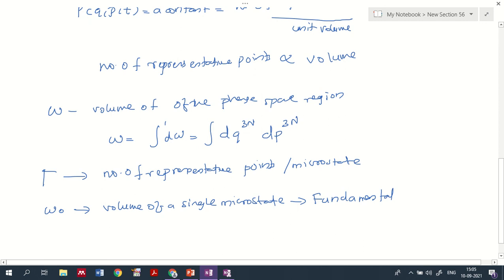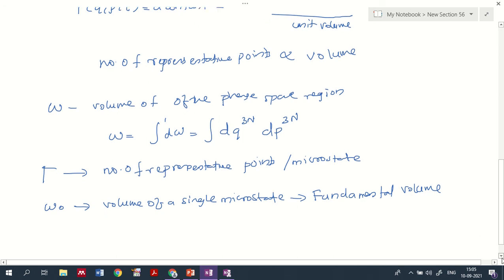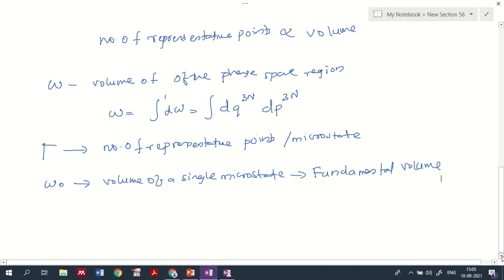Now from this relation, omega is the volume of the phase space region, gamma is the number of representative points or microstates, and omega 0 is the volume of a single microstate, the fundamental volume. If I want to find the number of representative points, gamma, then gamma equals the total volume of the phase space region divided by the volume of a single microstate.